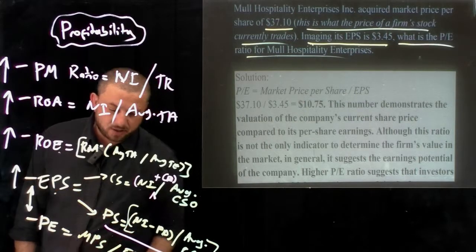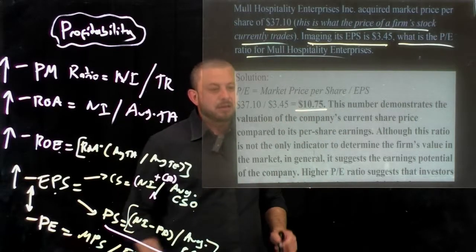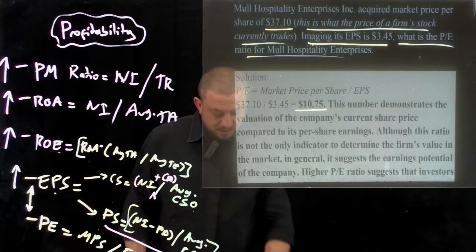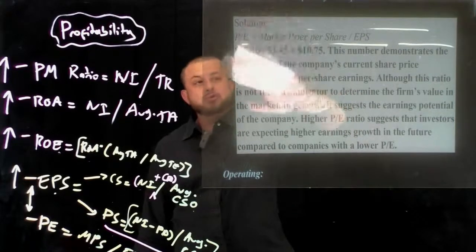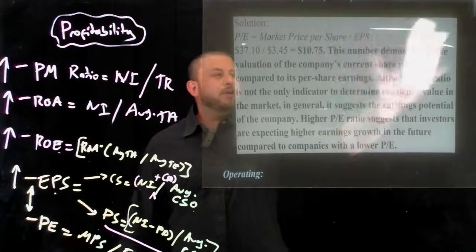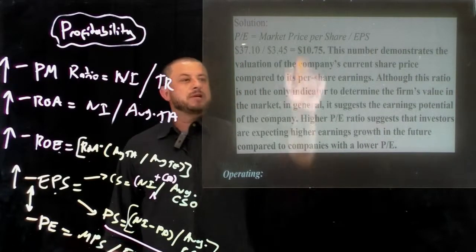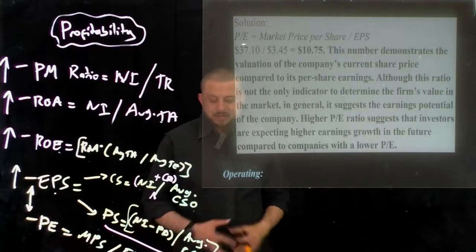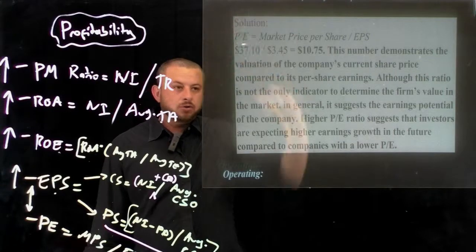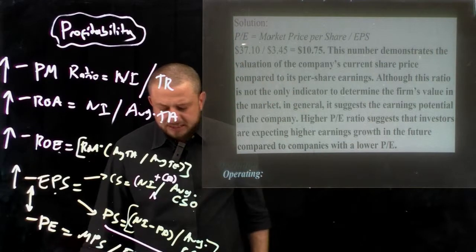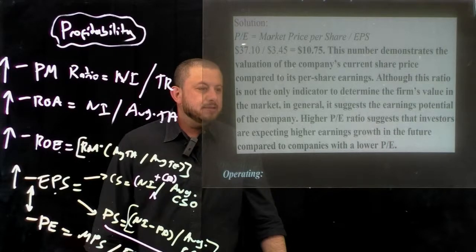This EPS right here is going to give us the PE ratio for Mall. It is $10.75. This number demonstrates the valuation of the company's current trade price. So the fair value per share of Mall Hospitality Enterprises must be $10.75. Sometimes it deviates from this number. It shows overvaluation or undervaluation. But again, financial management classes will pick up this issue more and in detail.